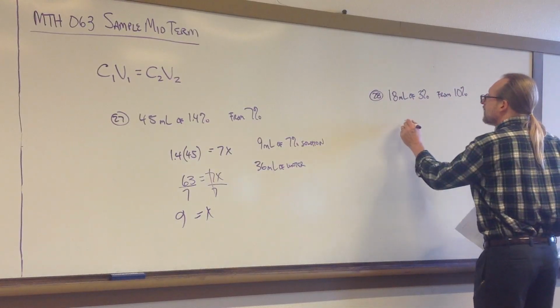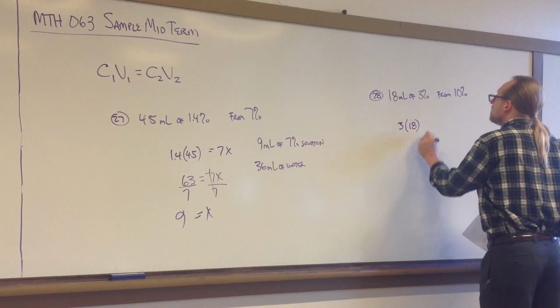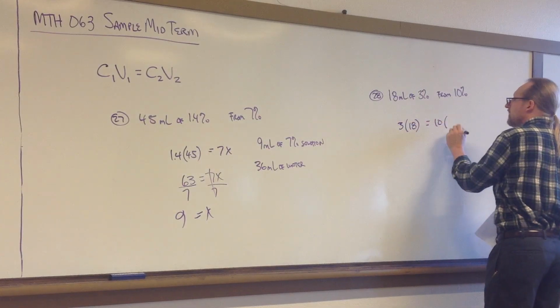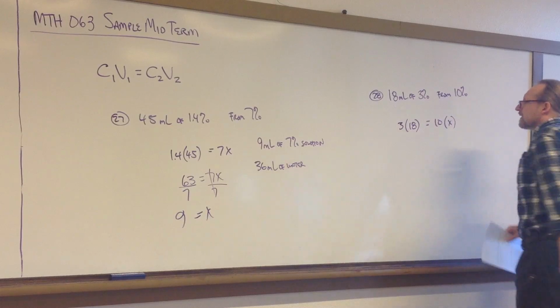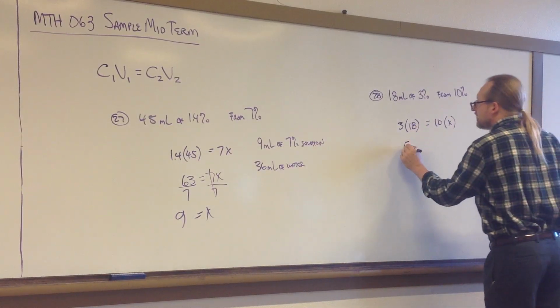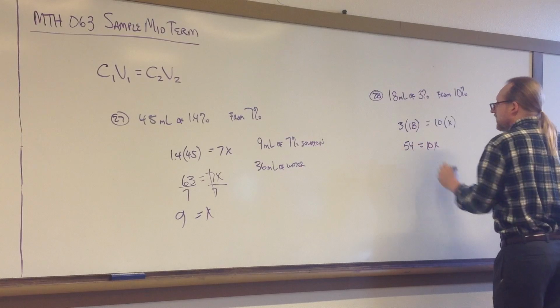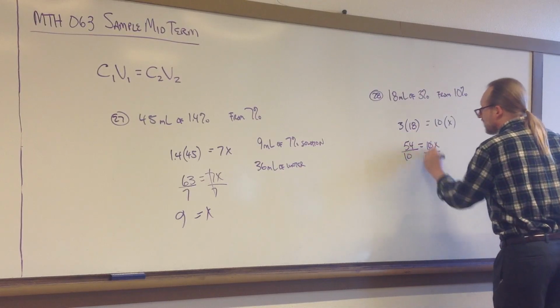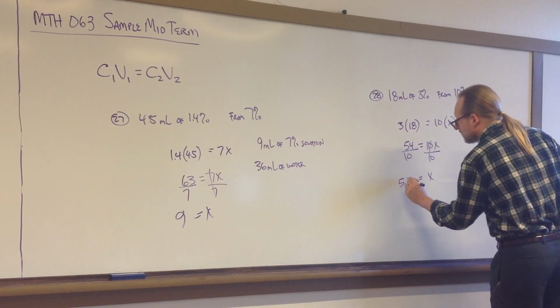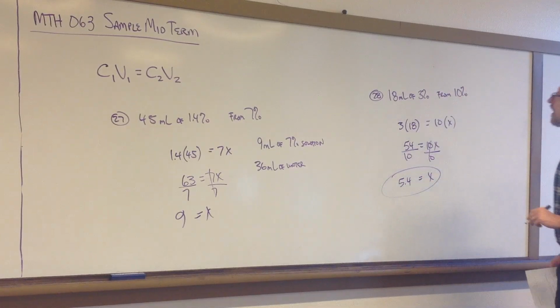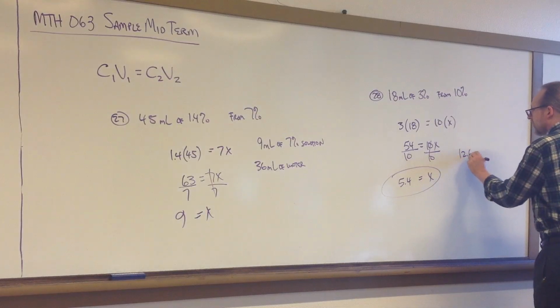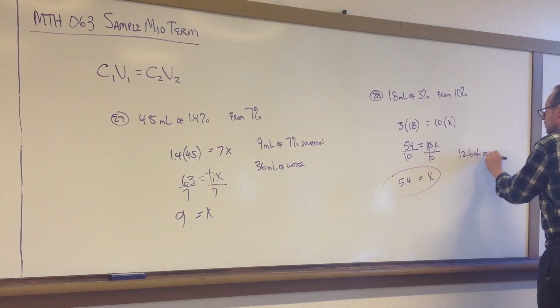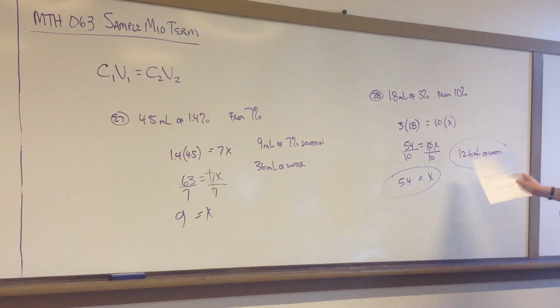All right, so C1 is 3, V1 is 18, C2 is 10, V2 is X. So multiply these. 54 equals 10X. Divide on both sides by 10. X is 5.4. So how much water do we need? We're going to need, what, 12.6 milliliters of water. So that 5.4 and 12.6 make 18 milliliters.